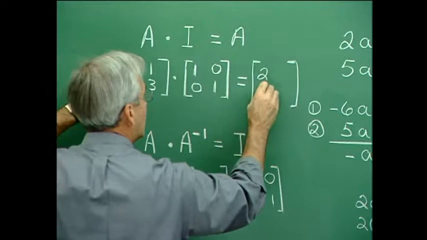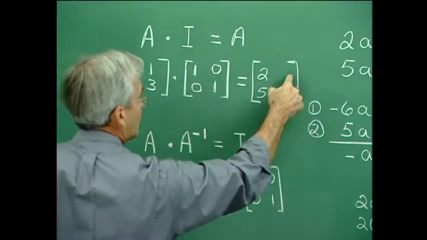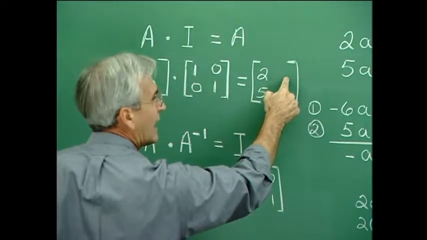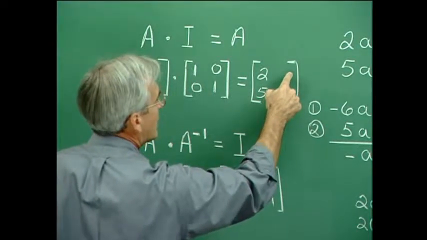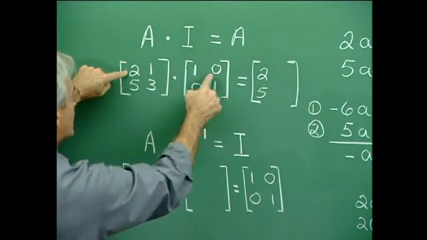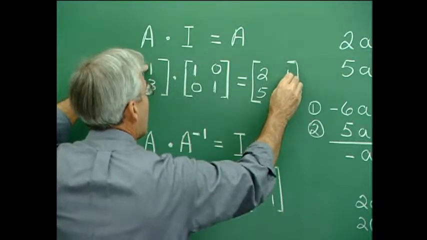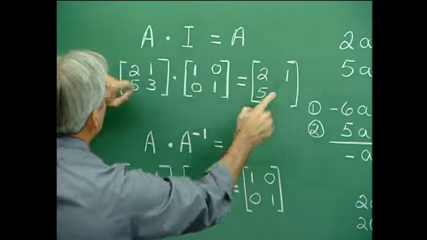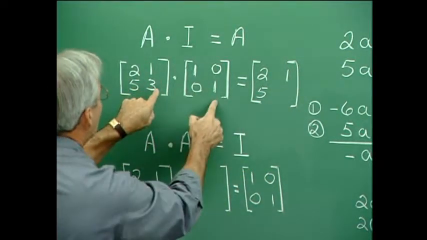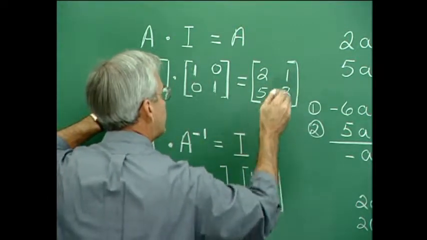That's 5. And then up here, very similar idea, the entry is the first row, second column. So it's 2 times 0, 0, plus 1 times 1, 1. And then second row, second column, 5 times 0, 0, plus 3 times 1, 3.